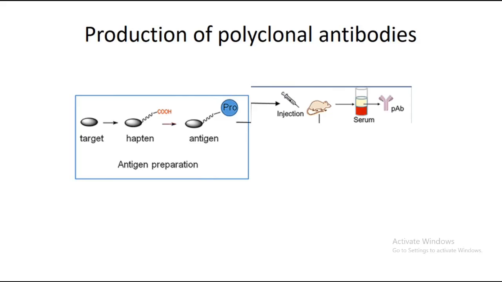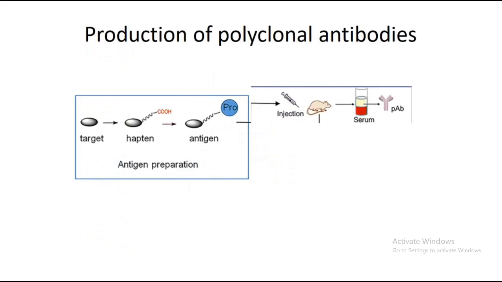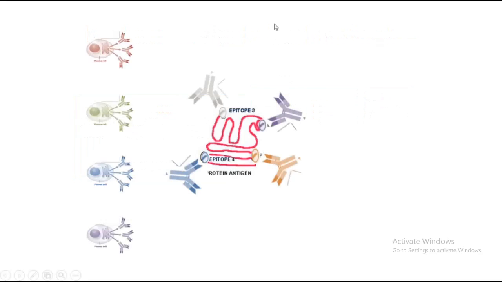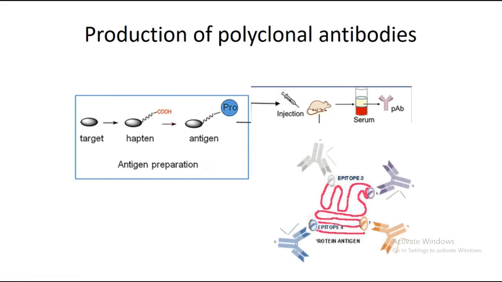Now, the antibody that's produced will be similar to this scenario where you have different antibodies targeting the antigen, with each one of those antibodies targeting their own individual epitope. So the antibodies isolated are referred to as polyclonal antibodies because there are a number of different antibodies produced against different epitopes of that antigen. Okay, so that's polyclonal antibodies.